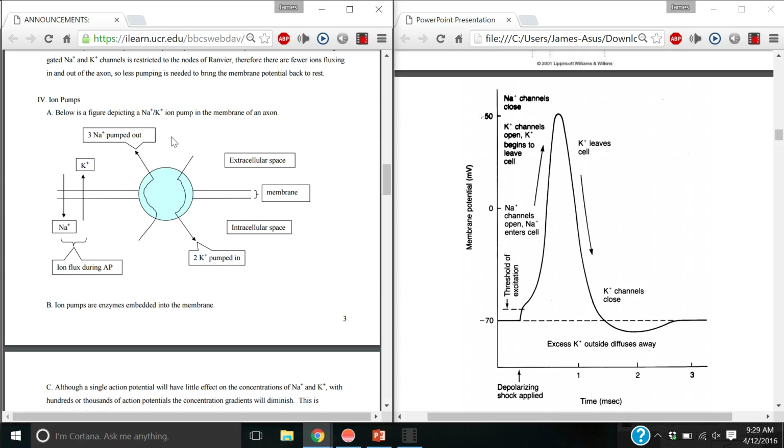It's been calculated, and I mentioned this earlier, that of all of the energy used by the brain, roughly 70% goes to drive these ion pumps. Not just this kind, but all of the ion pumps that establish all the ion gradients that allow neurons to operate. 70%. The brain is the most metabolically active tissue in the body by a long shot.